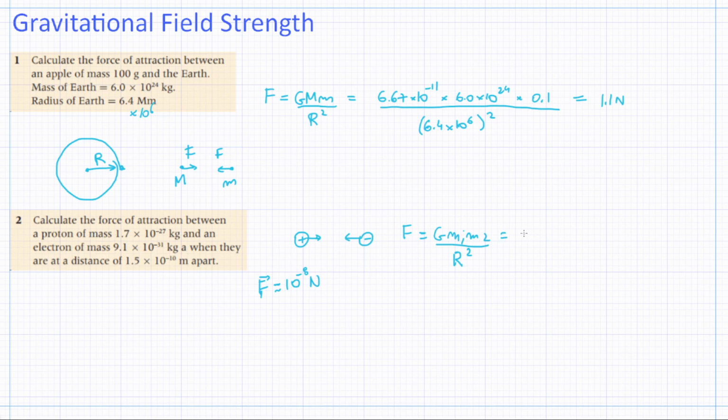So if we put the numbers in, I would just put 6.7 instead of 6.67 because of our significant figures. Since we only have two significant figures in each number, there's no point in using 6.67.